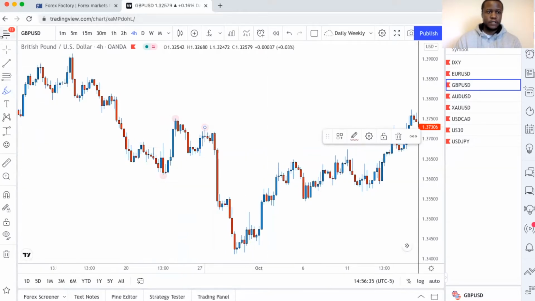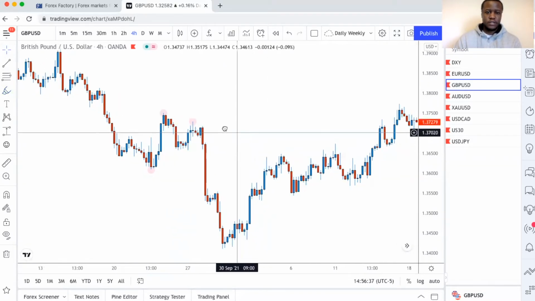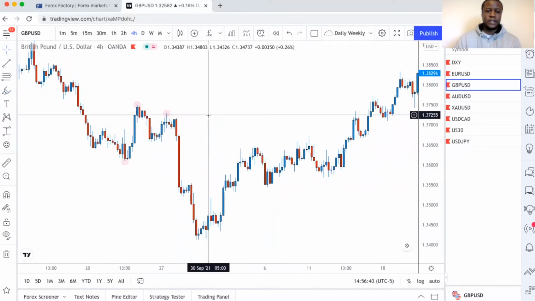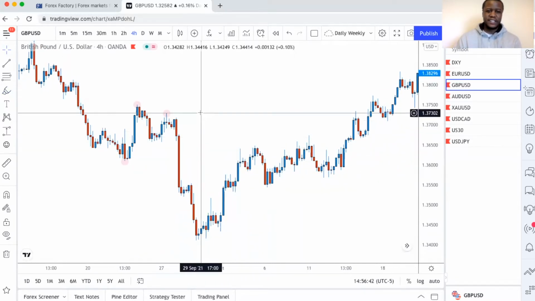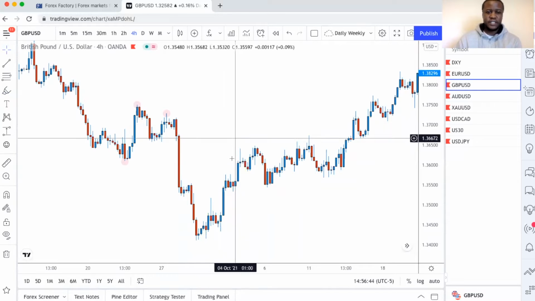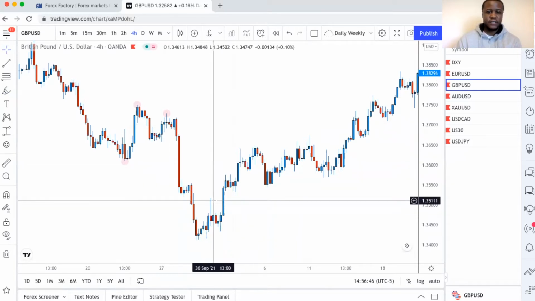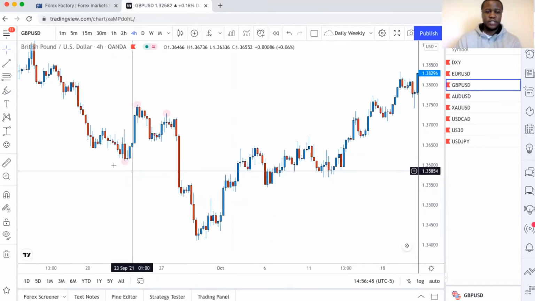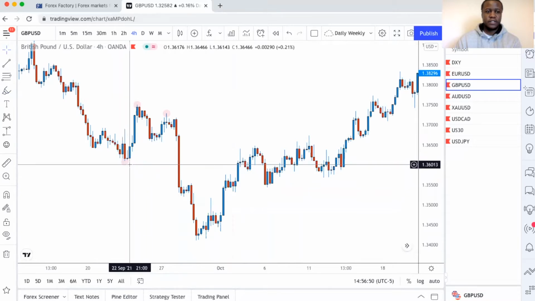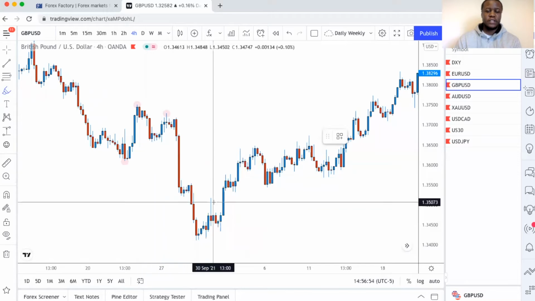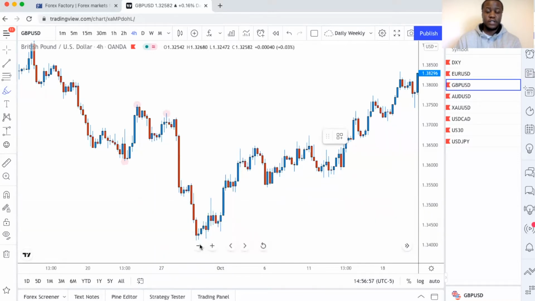Now we're going to have a change in direction. So with this, you could anticipate the change in direction. So once this low is taken out, you anticipate a next swing low, right?